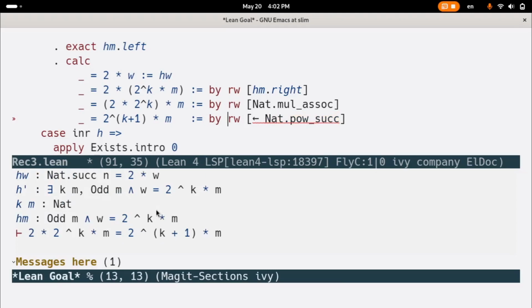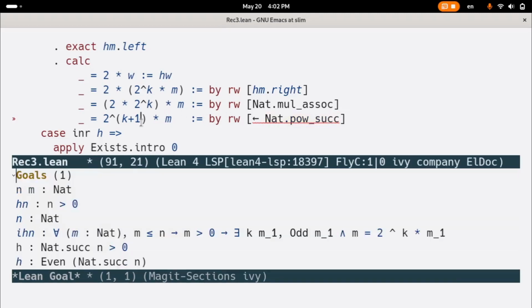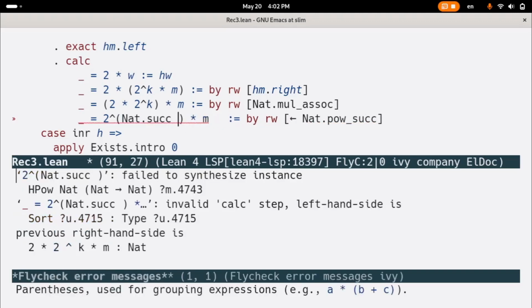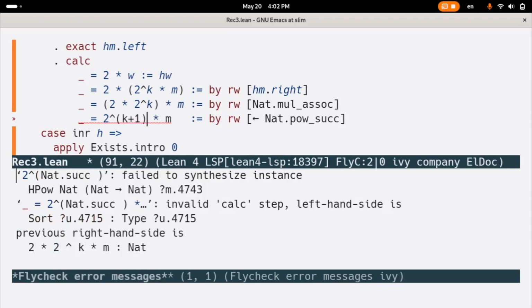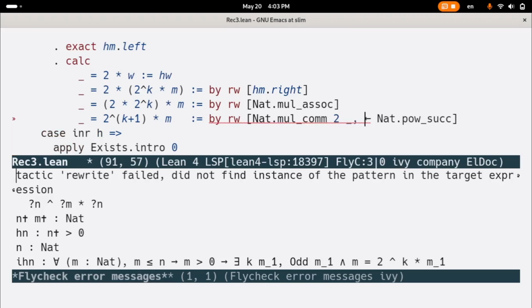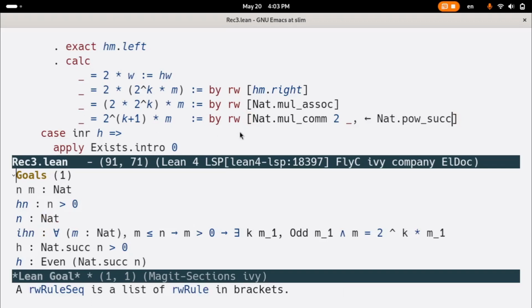This can be fixed by using commutativity of multiplication before applying this theorem. And now we are done.